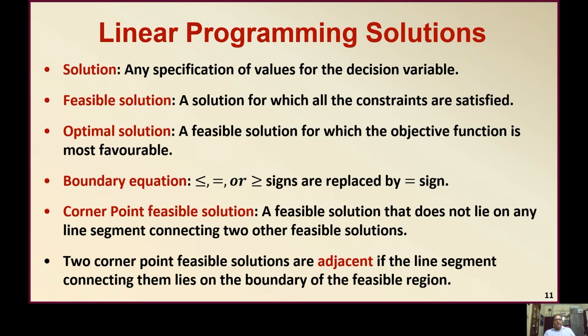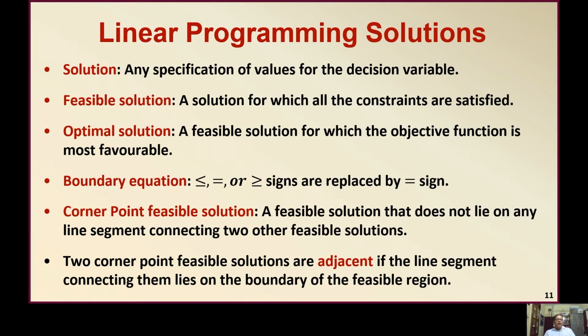A corner point feasible solution is a feasible solution that does not lie on any line segment connecting two other feasible solutions. So you see, it cannot be an in-between solution. It has to be at one end.